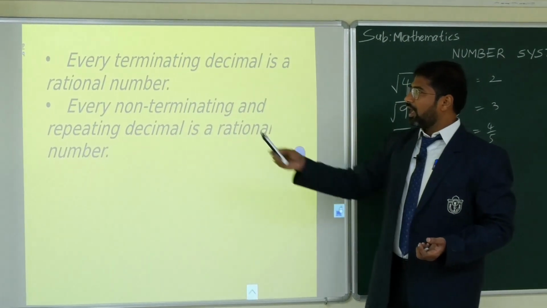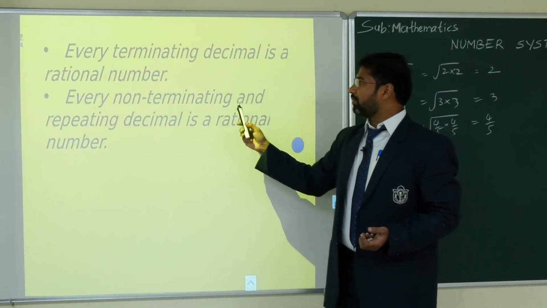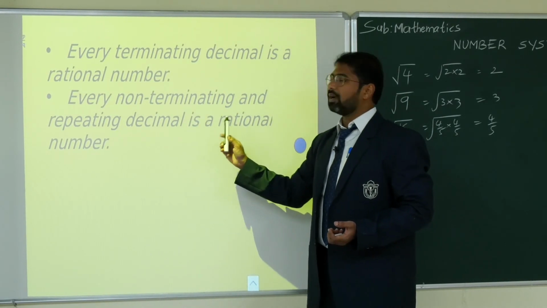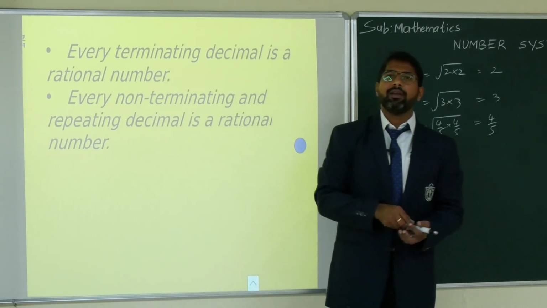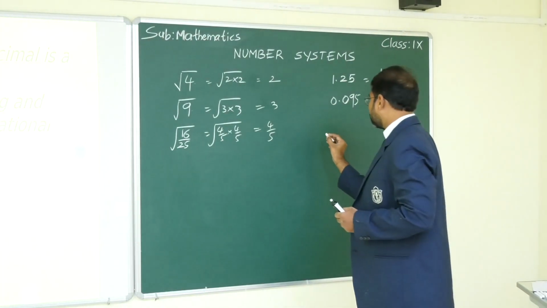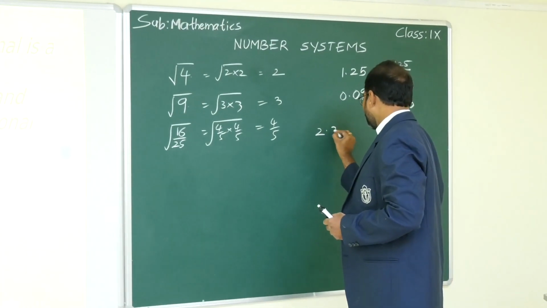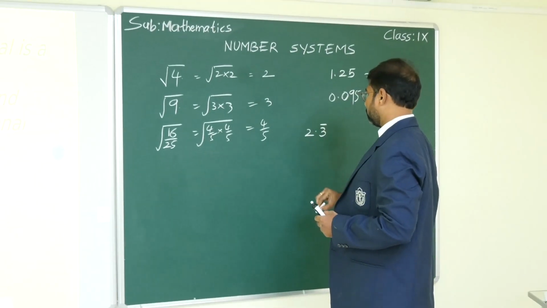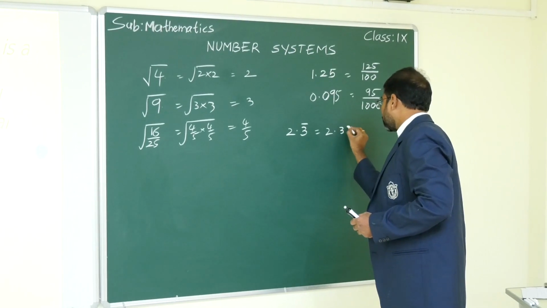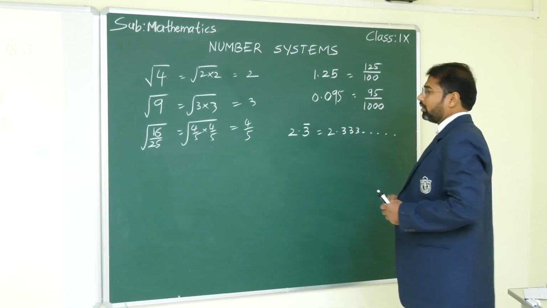Next, every non-terminating and repeating decimal is a rational number. I can give some examples, you can consider 2.3 bar. 2.3 bar means 2.333 and so on.